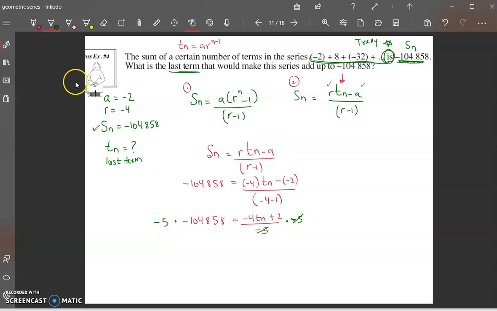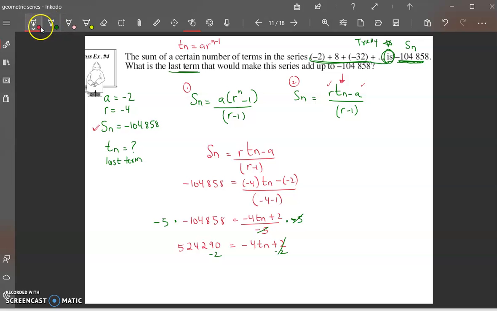That way it's gone. And I am left with an even bigger number. But it will be positive because negative times negative makes it into positive. And on this side, I have -4Tn + 2. So the next thing we're going to do to isolate Tn is to get rid of the 2.